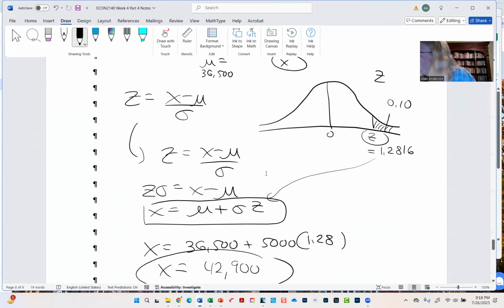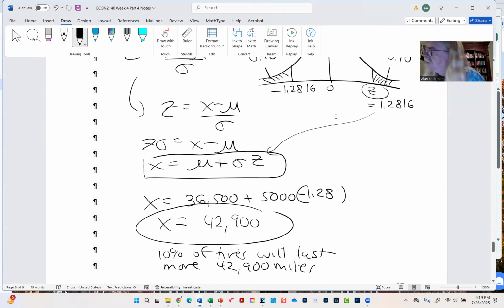So that means we're down here. I guess I didn't read it carefully enough. So that means that we have to change this to negative 1.28. And that means this number is going to be different, obviously. Yeah, it's 30,100.